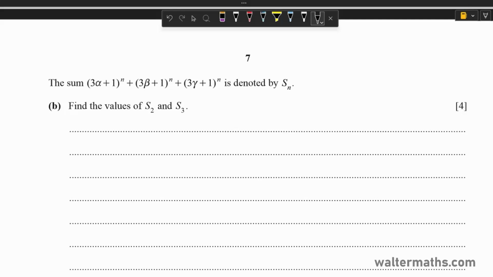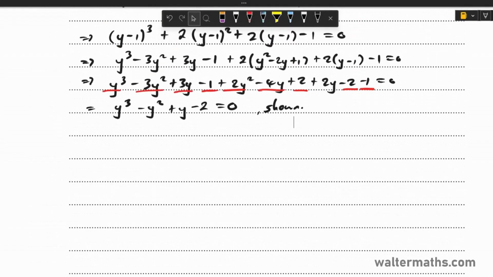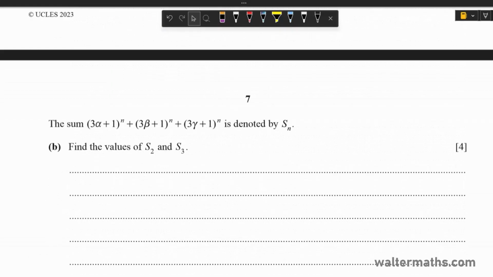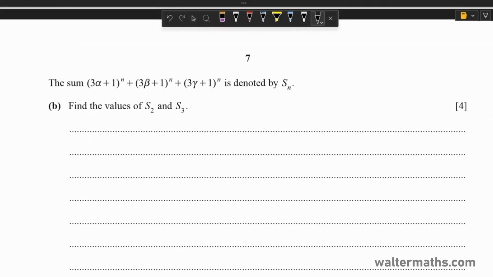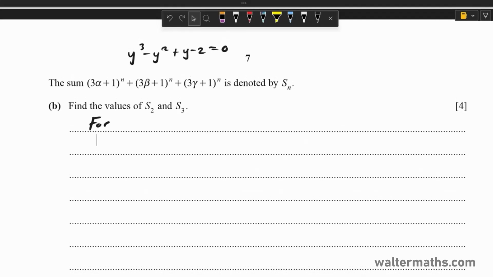Now I want you to remember that 3 alpha plus 1 and 3 beta plus 1 and 3 gamma plus 1 are the roots of the equation we got right above. So they are the roots of y cubed minus y squared plus y minus 2 equal to 0, the equation we got above.